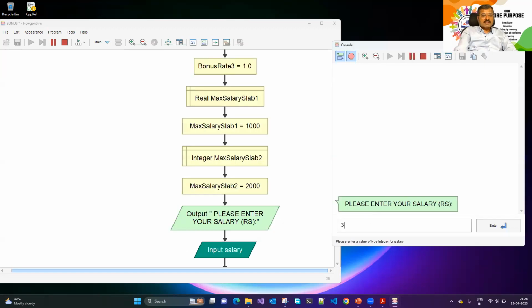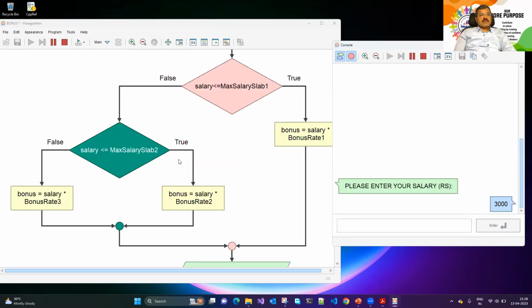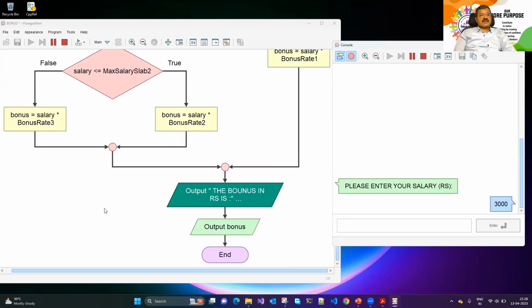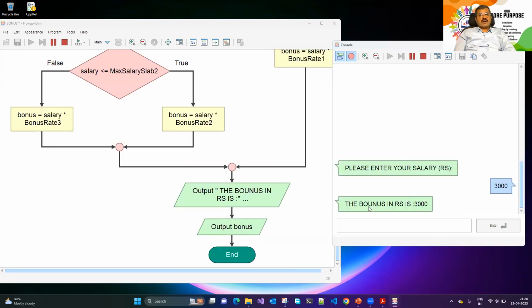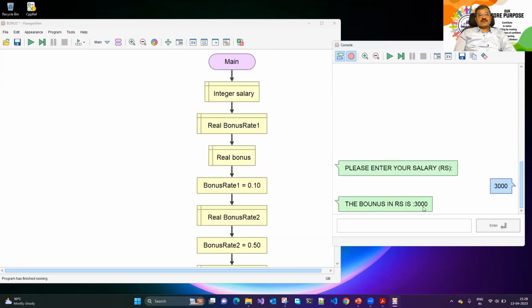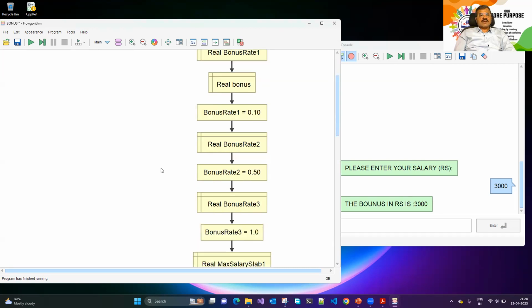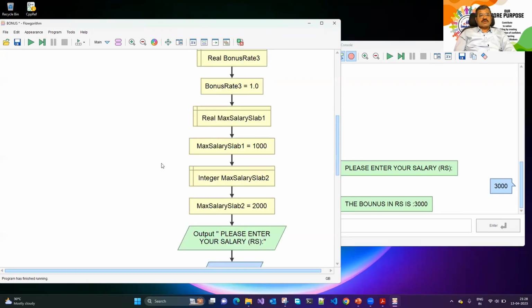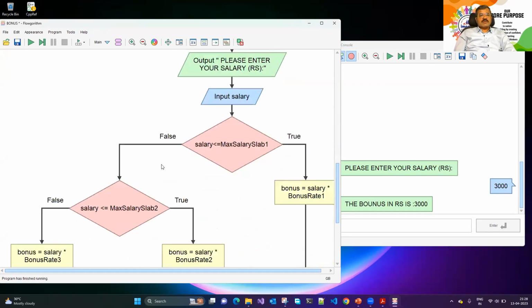Suppose somebody's salary is 3,000. Wait here. We come over here. And the bonus is rupees, it just said bonuses. Rupee bonus is rupees so and so. That was a good enough message. There was no need for you to again say in rupees is so and so. You could just make it more simple.